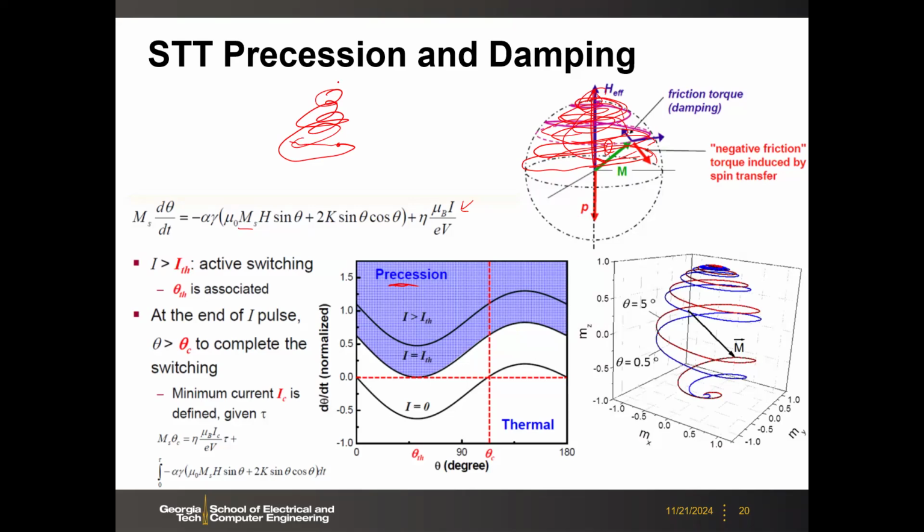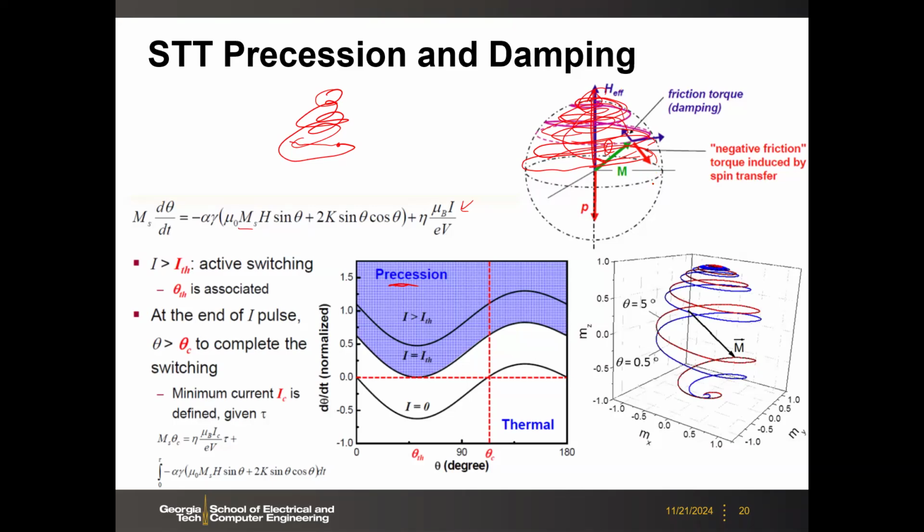The MRAM, in some sense, is very similar to the SRAM in terms of flipping. If you think about SRAM, we have noise and the butterfly curve. If the noise is not large enough, we return to the original point. The same thing with the MRAM. If you apply some noise current that is not large enough, it will return to the original point.